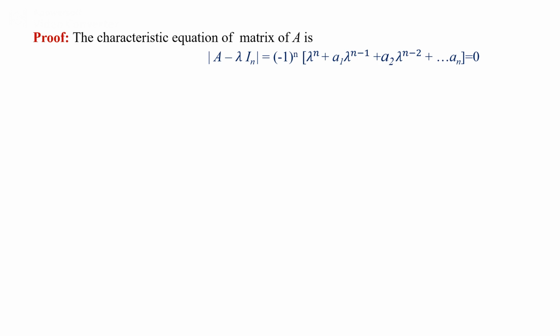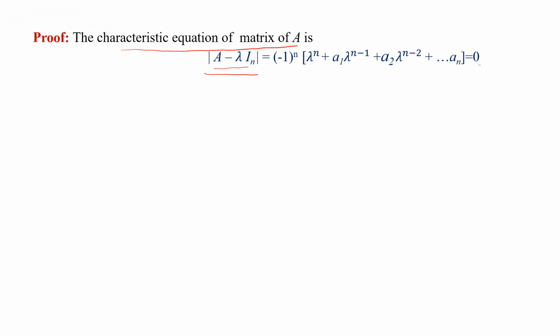Now we take the proof of the Cayley Hamilton theorem. As we know the statement, every square matrix satisfies its own characteristic equation. So for the proof, we write the characteristic equation of matrix A, which is the determinant of A minus lambda I_n is equal to 0.